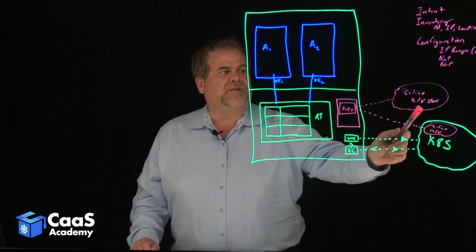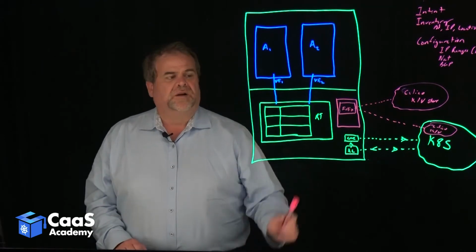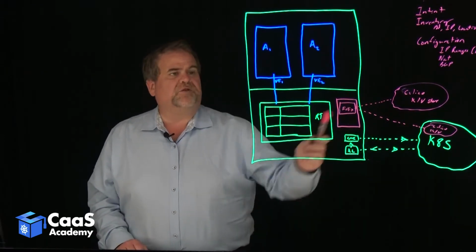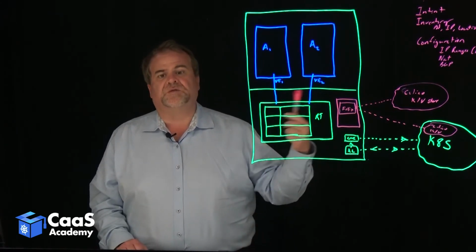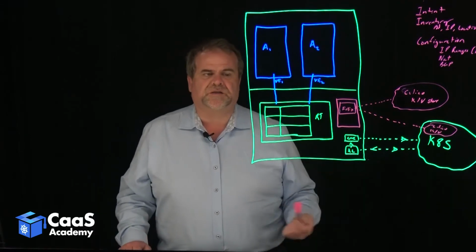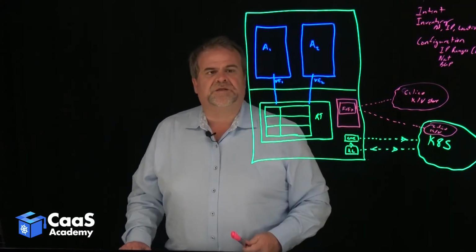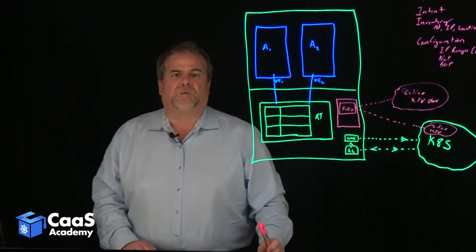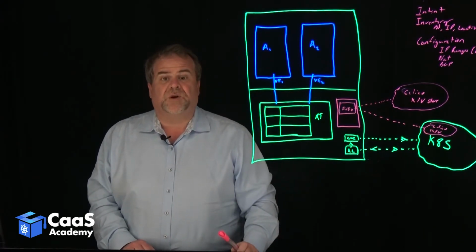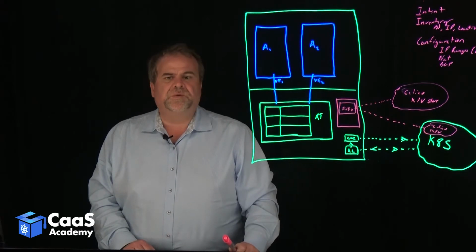So in this case, Felix is watching for updates. Felix on host 1 is watching for updates about inventory on host 1. Felix on host 2 is looking for updates to inventory on host 2, etc., etc. So in this case, this Felix is going to find out that we have networked two pods on its host, A1 and A2.